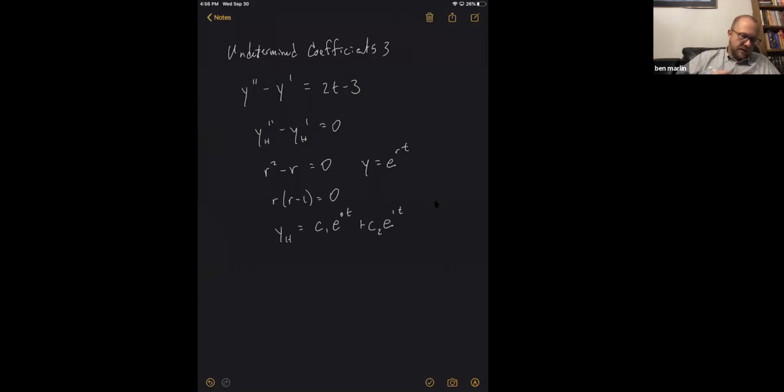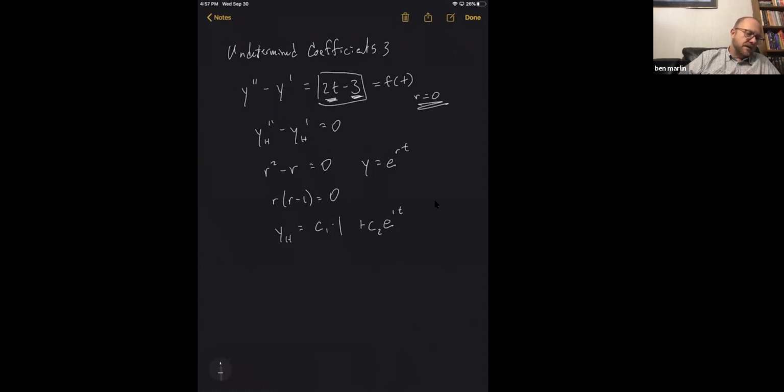Now, e to the 0t is just going to be a constant value of 1. So I'm just going to write that down. Okay. Now, then we're going to come over here and look at this, our f of t. And we know that constants and polynomials in general come from having an r value of 0.